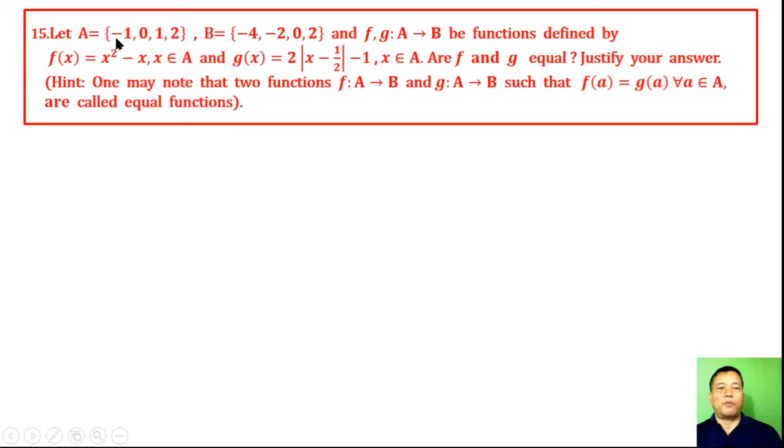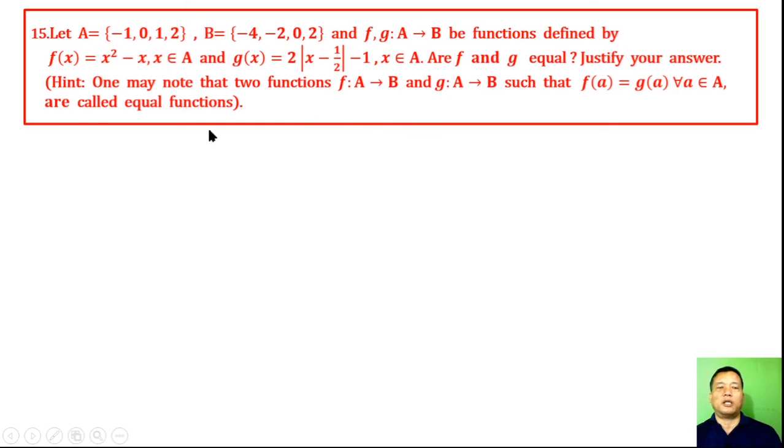Let A consist of minus 1, 0, 1, 2, B consist of minus 4, minus 2, 0, 2, and f, z are functions from A to B defined by f of x equal to x square minus x, x belongs to A, z of x equal to 2 times modulus of x minus half minus 1, x belongs to A. Are f and z equal functions?